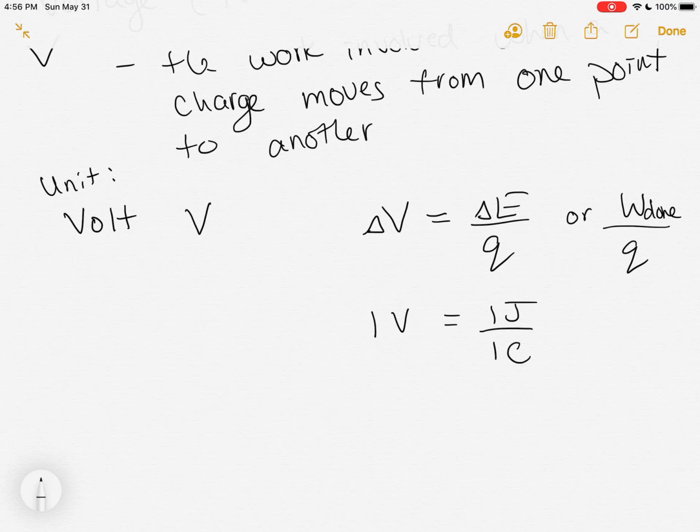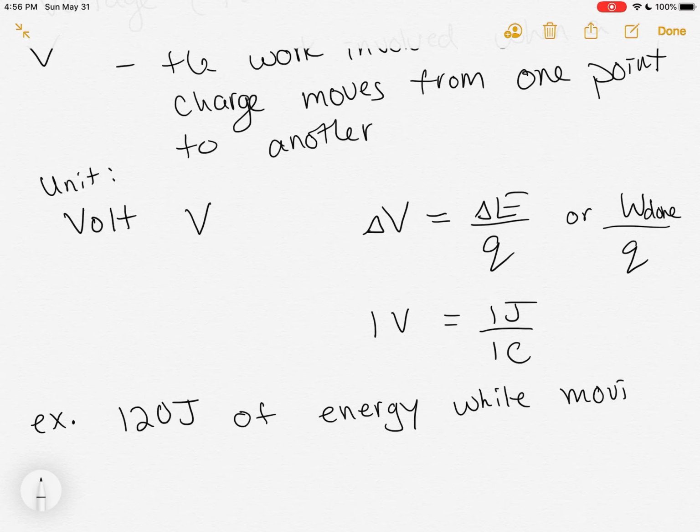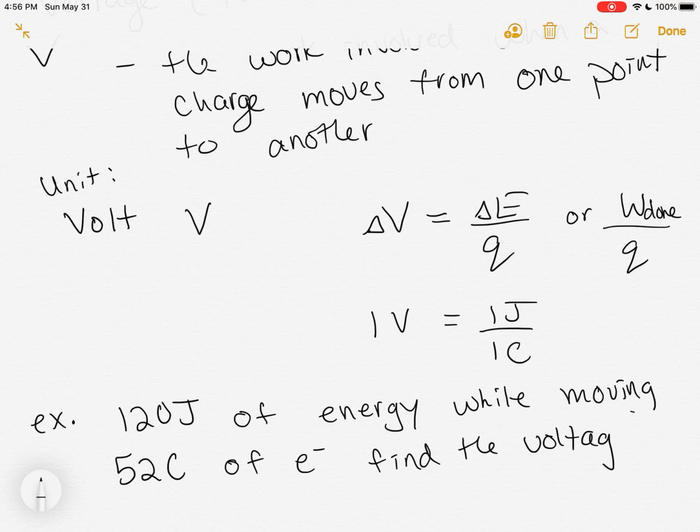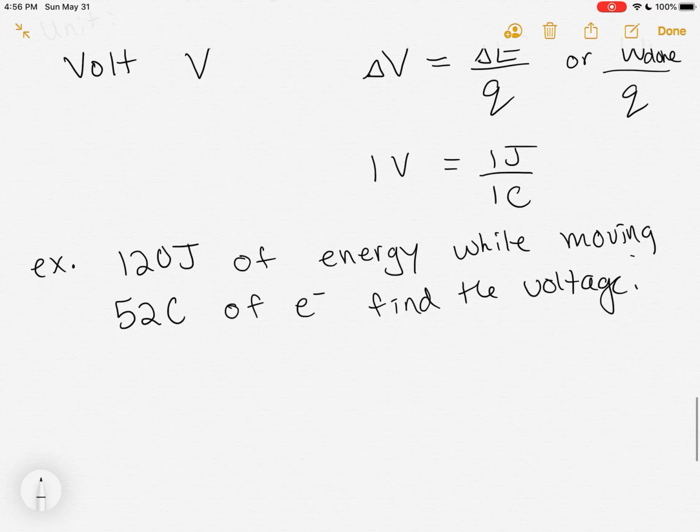All right, so we have our formula for voltage. So let's try a practice question. So if we have 120 joules of energy while moving 52 coulombs of electrons, find the voltage.